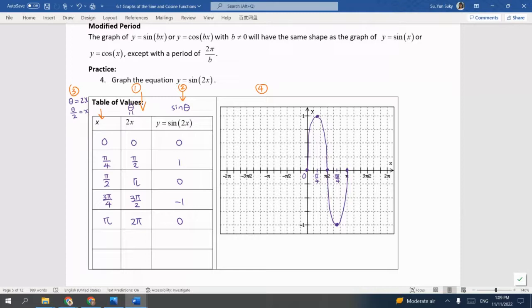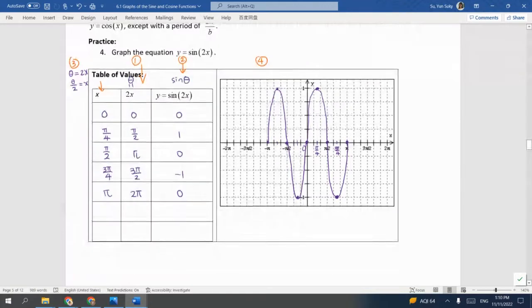Which do you prefer? Left. Okay. So we put the points here, and then here, and connect them smoothly. So you get another period. So we have two periods.